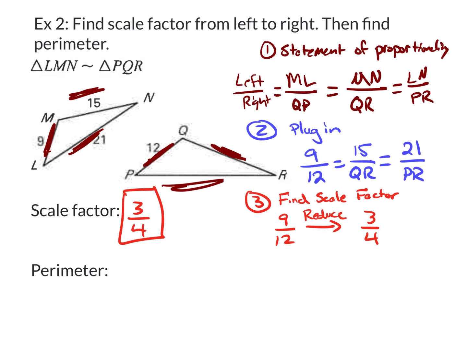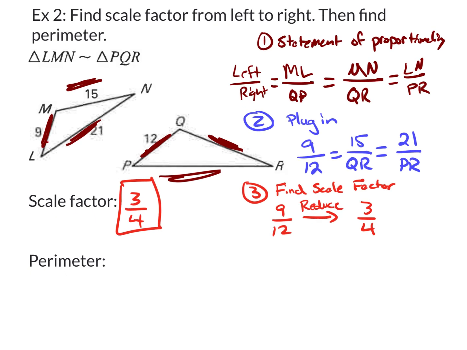All right, now I need to find the perimeter. How do I find the perimeter of any kind of polygon? Yeah, just add up all the outside sides together, right? So I need the perimeter, and you've never seen this before, but if you put P in front of the triangle's name, so the left triangle is LMN, I need to find the perimeter of that one.